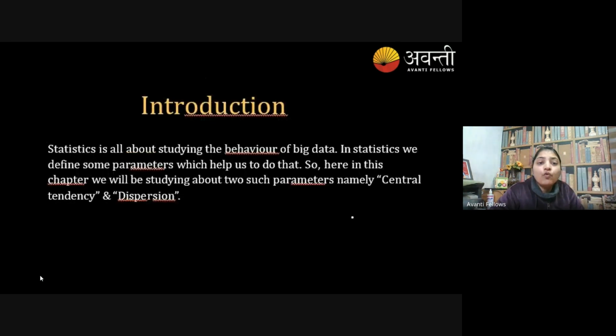So, what is actually statistics? Statistics is all about studying the behavior of big data, big sheets, Excel sheets, and all. So in statistics, we have some parameters to decide. For such parameters, we have two. One is central tendency, another one is dispersion.